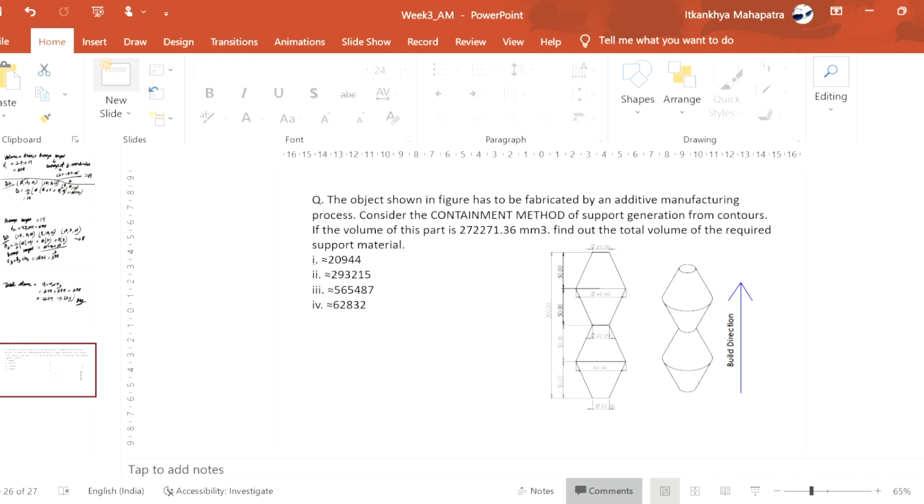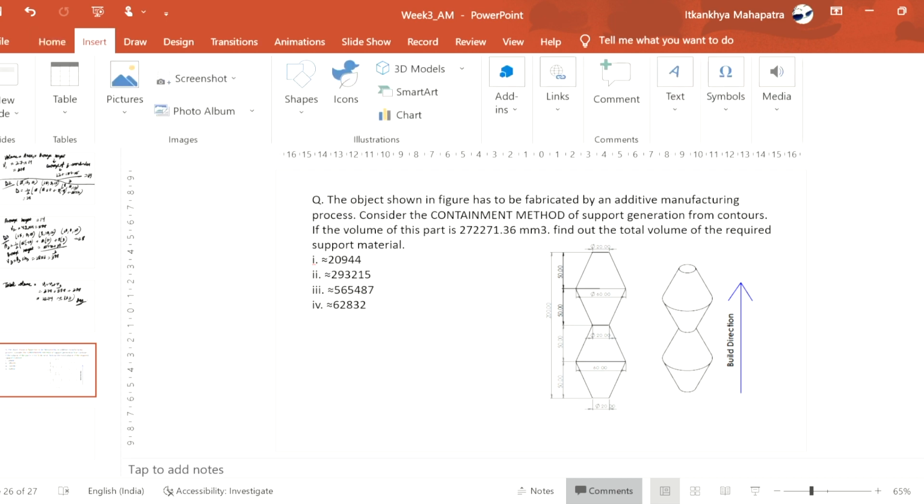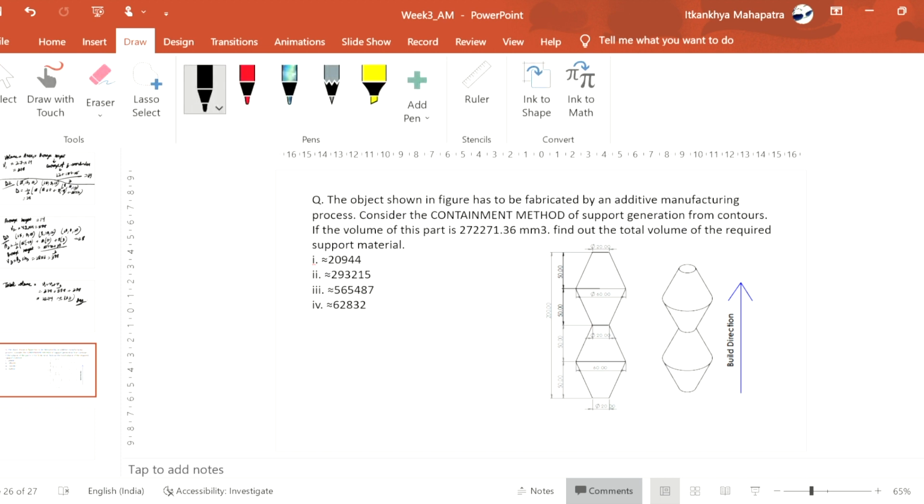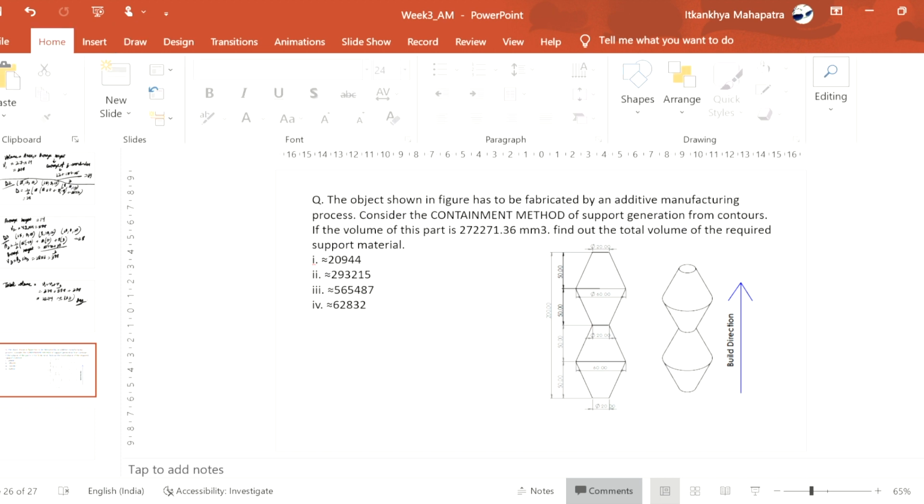Now if we consider this area total, consider this as a cube.